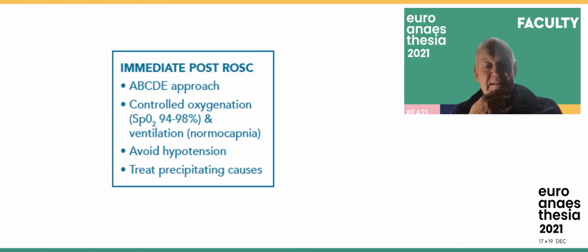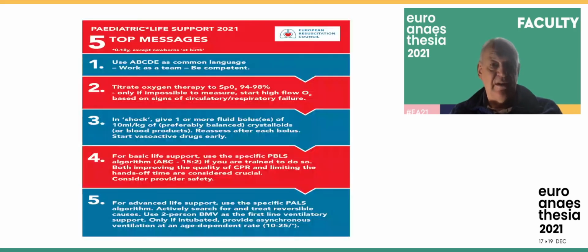As ever, ABCD approach, oxygenation to control, avoid hypertension, treat precipitating causes. And the support messages from this is ABC as a common language, titrate the oxygen therapy. If you get ROSC, you don't want to have excess amount of oxygen free radical formation. And so titration will be important.